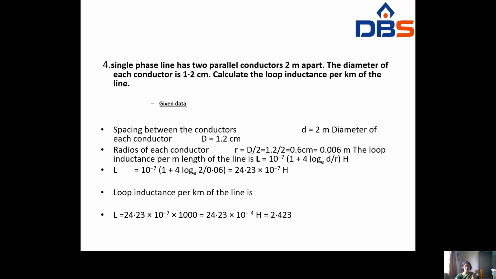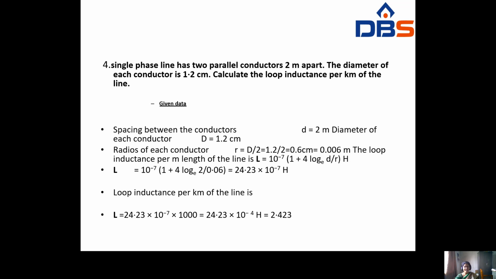So here, what is the spacing between the conductors? Spacing between the conductors is 2 meters, D equal to 2 meters, and the diameter of each conductor is given as 1.2 centimeters. But here you want the radius.